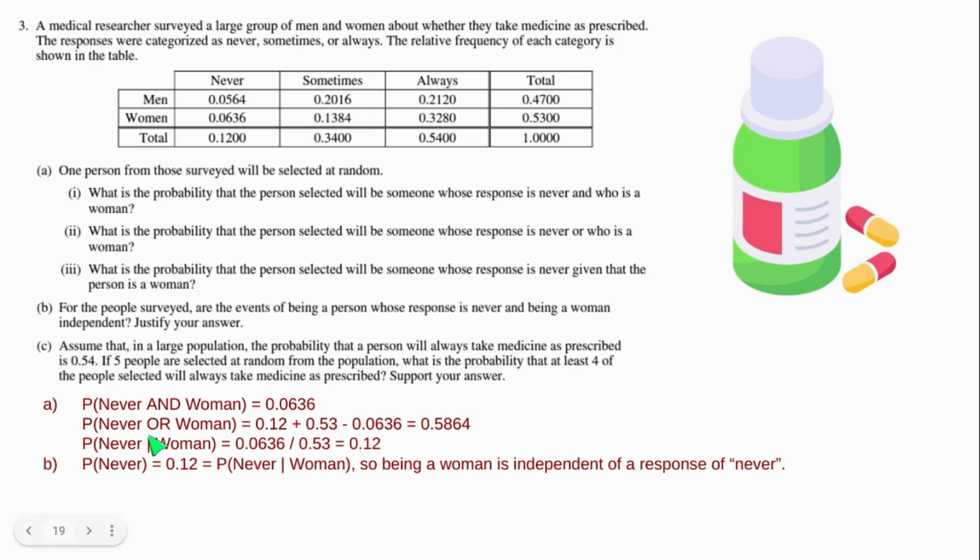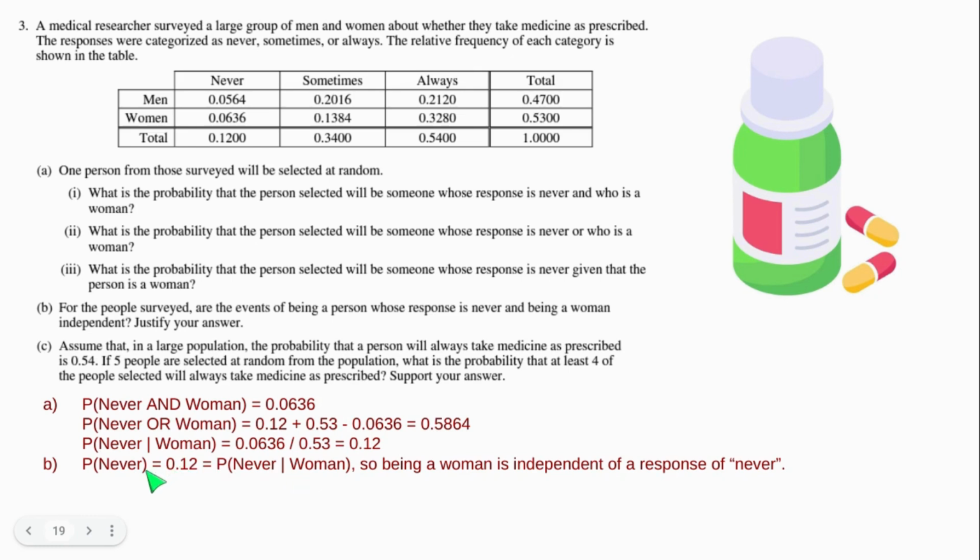Well, the probability of never is 0.12. And the probability of never given woman is also 0.12, which we just found. So the odds of never and the odds of never given woman are the same. That means that the odds of never do not change whether we are considering only the instances in which we are given woman or if we're not given woman.